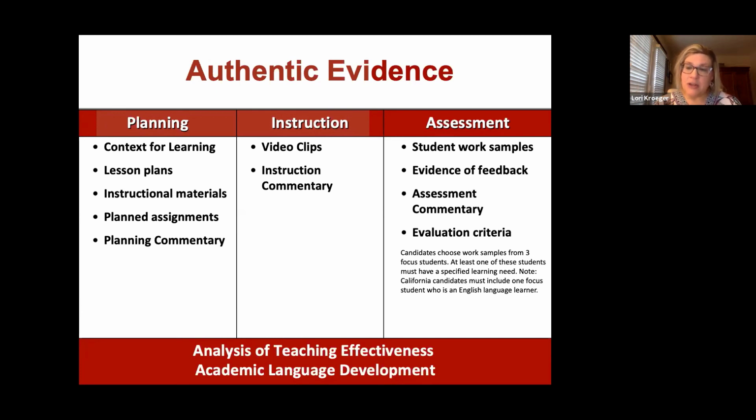And in California, the candidate must include 1 focus learner who is an English language learner. So I wanted to make sure I added that note here for you. Again, for most handbooks, candidates are selecting 3 focus learners. In the early childhood education handbook, candidates will select 2 focus learners. And then in the special education, we don't even talk about it. Never mind. I forgot.